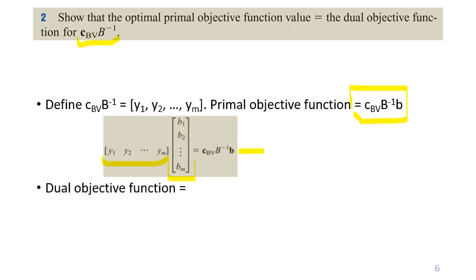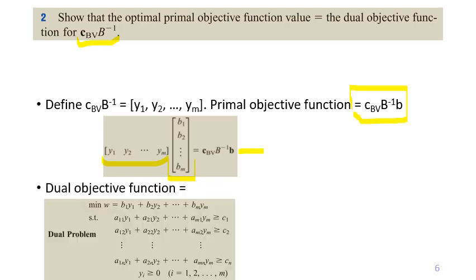Let's take a look at the dual. If our dual solution is y1, y2, ym, in other words, if our dual solution is CBVB inverse, we see that the objective function value is b1 y1 plus b2 y2 up to bm ym.